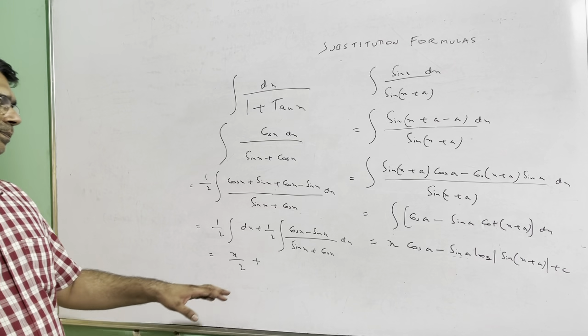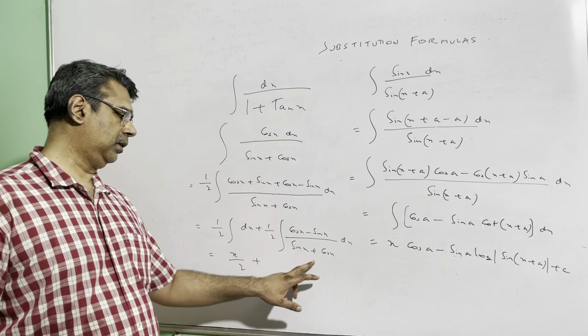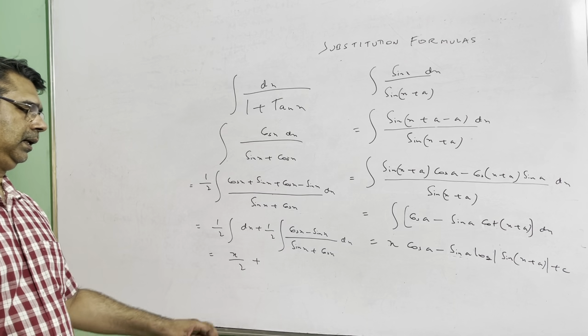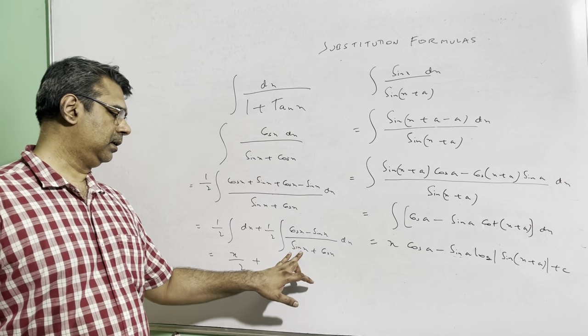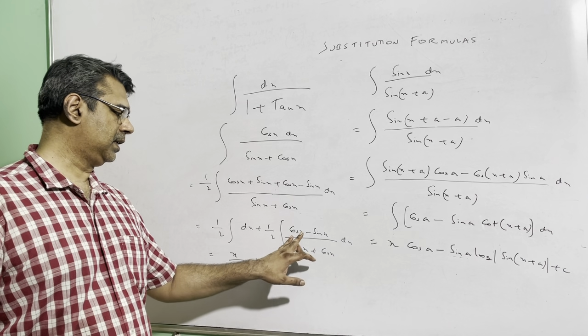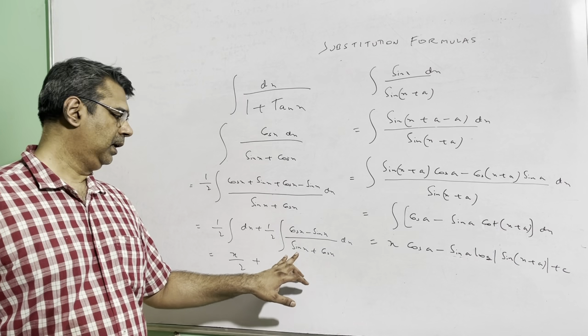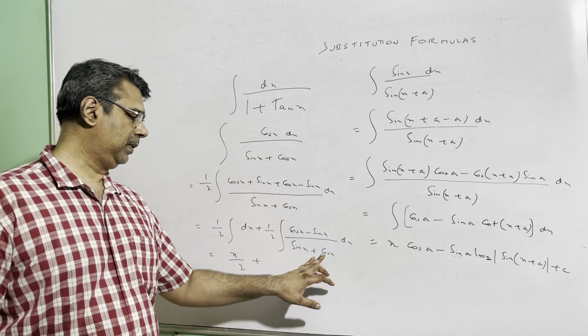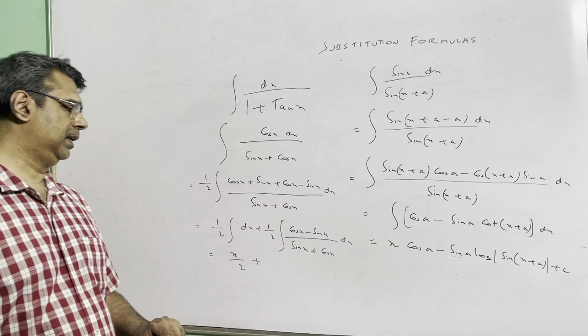Now this other one, actually can you see that the derivative of sin x plus cos x is cos x minus sin x? Just watch carefully. The derivative of sin x plus cos x is cos x minus sin x.